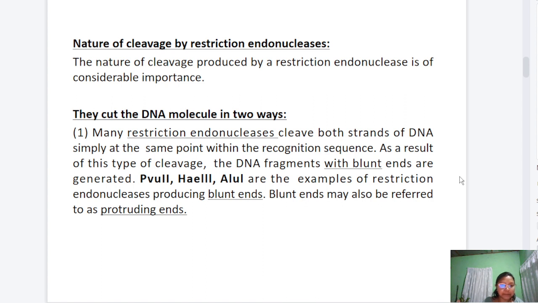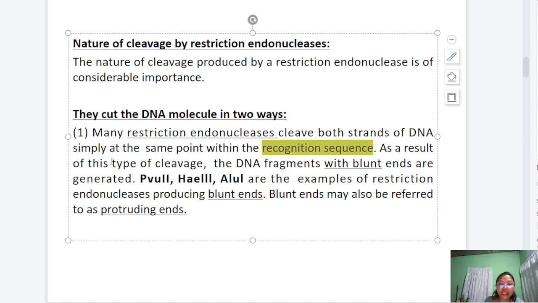So they say that they cut the DNA molecule in two ways. First, many restriction endonucleases cleave both strands of a DNA at the same point within the recognition site. See, within the recognition sequence. Wherever it is identifying the recognition sequence, it is simply cutting at the same point.